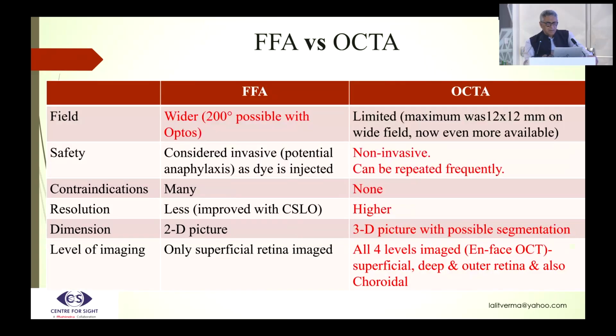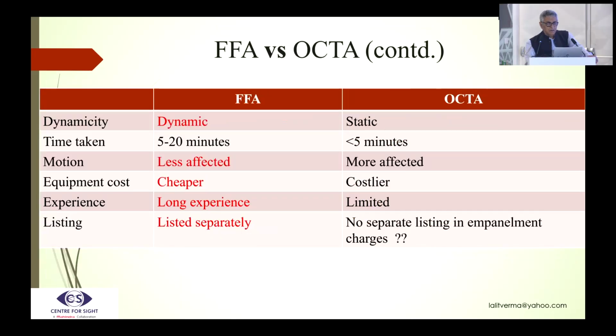This chart I compiled a long time back compares FFA and OCTA slightly. FFA is wider, though OCTA is also wider now, with 12 by 12 available. On safety, OCTA is non-invasive, can be repeated whenever you want, has no contraindications, and has higher resolution. For level of imaging, you can segment at whatever level you want to study the vasculature.